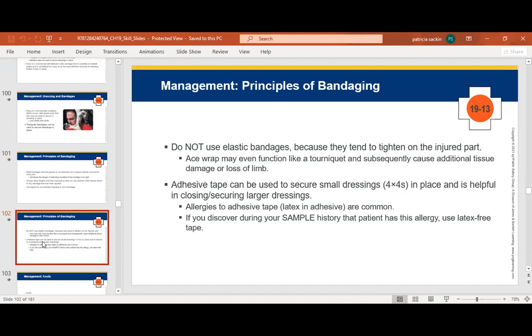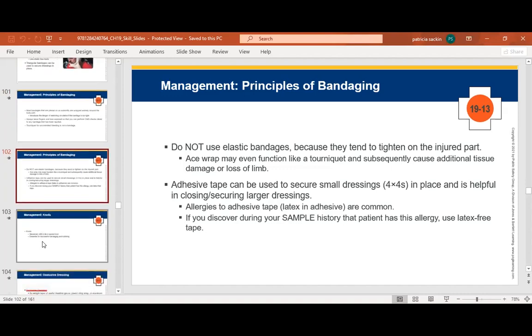Do not use elastic bandages because they tend to tighten on the injured part. Swelling can be involved, and if it's elastic and the patient starts swelling, it's a problem. Anytime you put a bandage on, you need to check for distal pulses, feeling, sensation, and reassess that as long as you're with the patient.